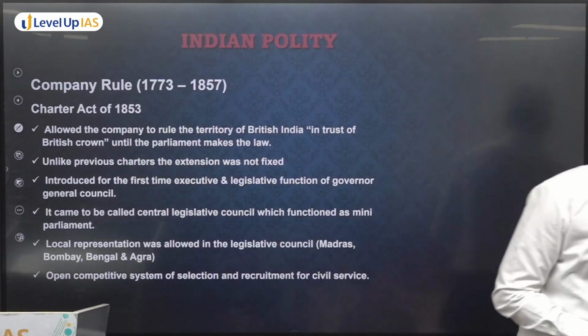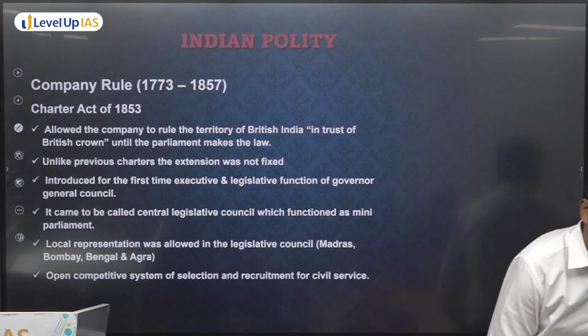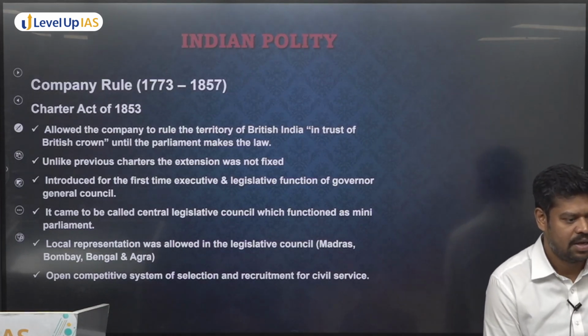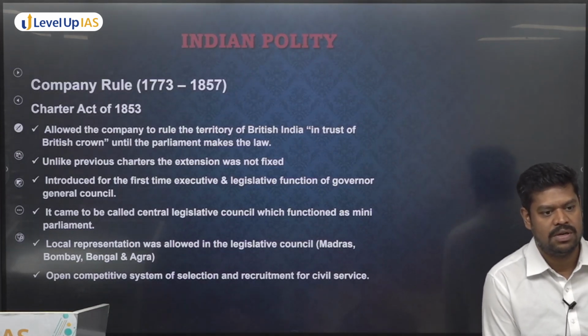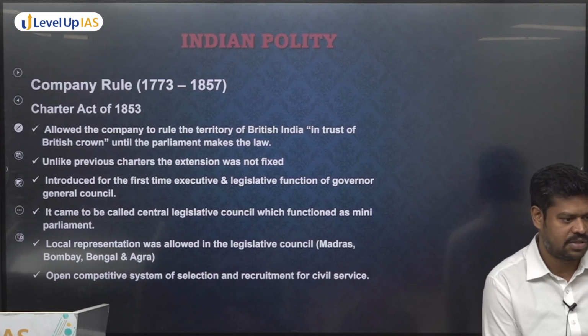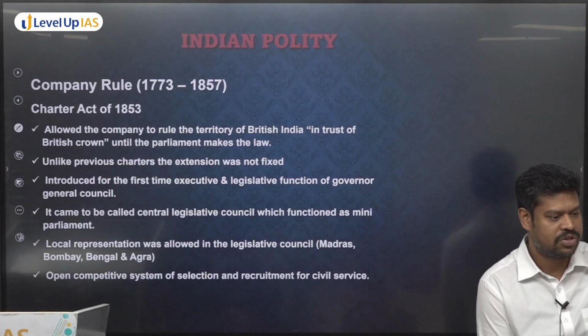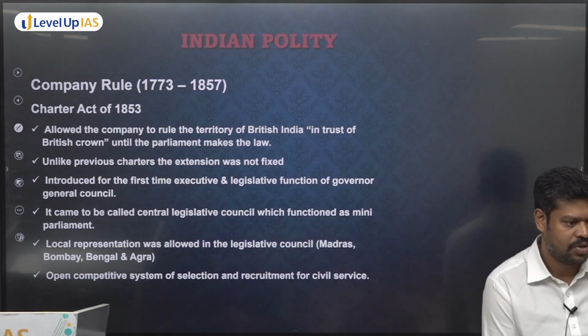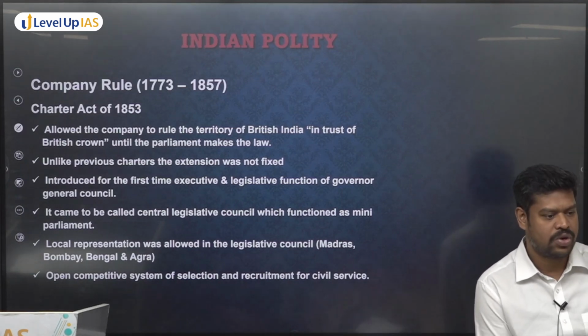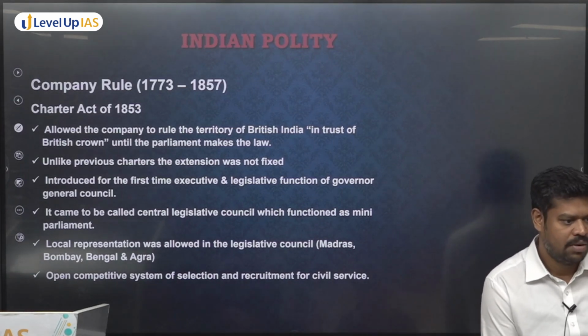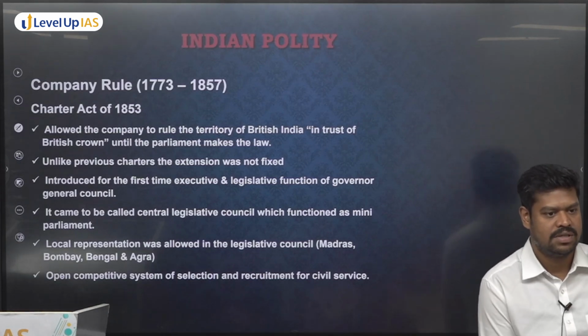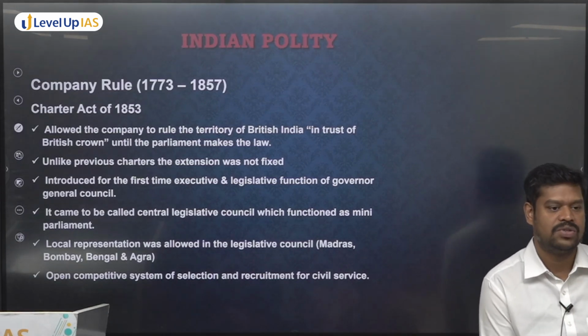Earlier, trade was a major source of revenue to the company, and whatever profit they made was used for paying the company officials, for giving dividends and profits to the court of directors, and for carrying out some administrative work. But now there are no commercial activities, but still all the other activities were carried out.